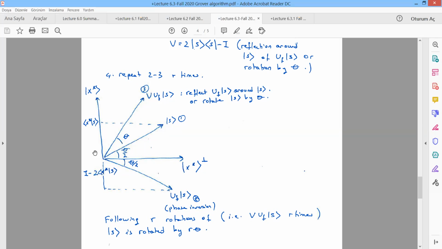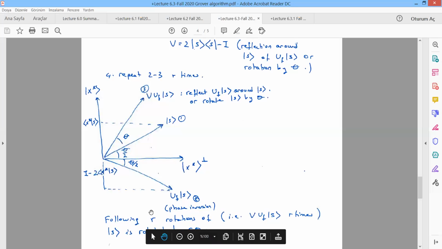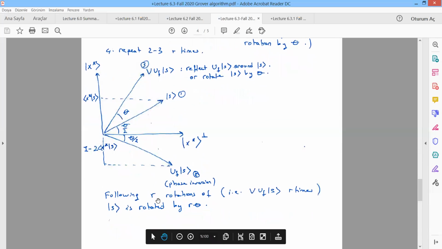At each cycle, we have theta degrees of rotation of this ket S state. And when you apply this V U sub f r times, you are effectively rotating this ket S state by the angle r theta.